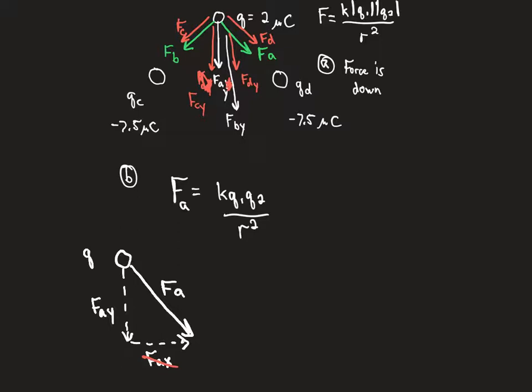Okay. So I need to figure out what FAY is. I can figure out what FA is, right? It's KQQ over R squared, which is K times charge A. What's charge A? 7.5 microcoulombs. 7.5 times 10 to the negative 6 coulombs times Q. What's Q? 2 times 10 to the negative 6 coulombs.